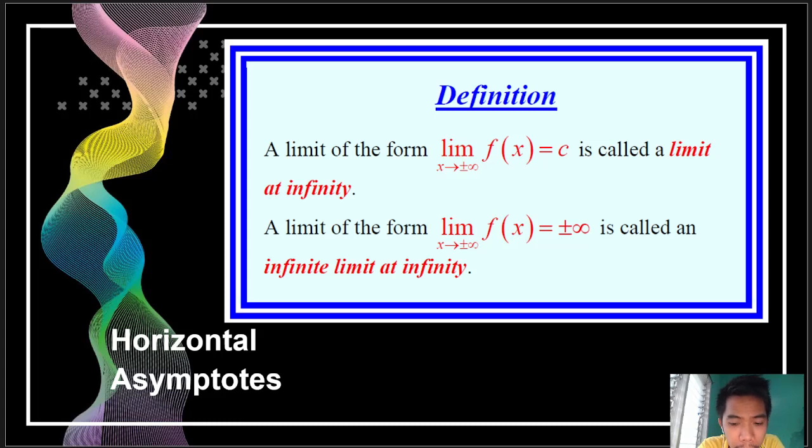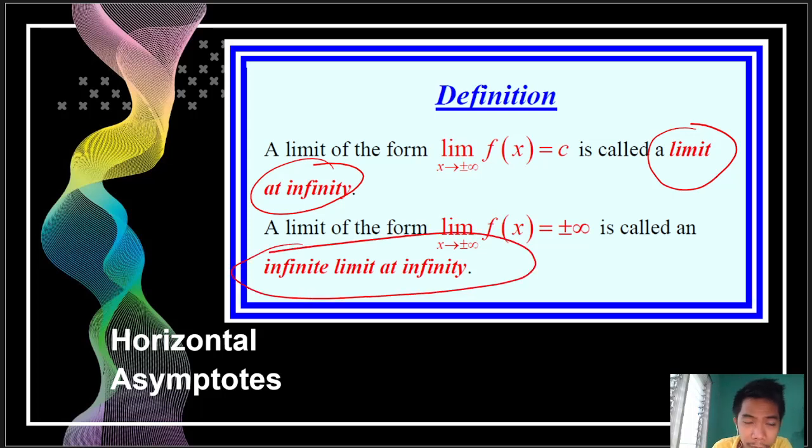So if you get a real number for a function whose x approaches positive or negative infinity, then that is called a limit at infinity. If you take the limit and you get the concept of positive and negative infinity, then you call that an infinite limit at infinity.